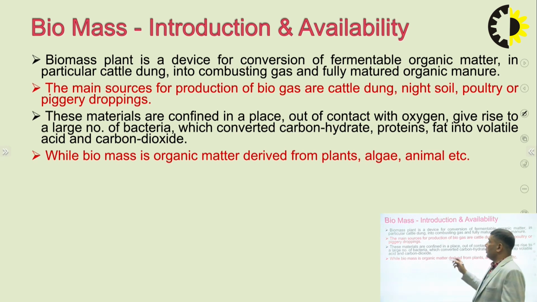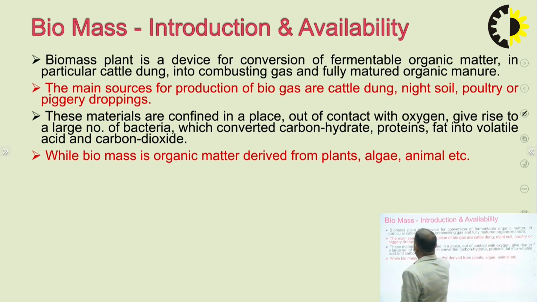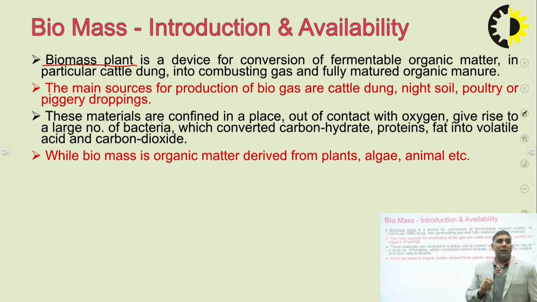So the next point is, what is a biogas plant? A biogas plant is basically a device or setup which is used for converting fermentable organic matter, in particular cattle dung, into combustible gas and fully matured organic manure.